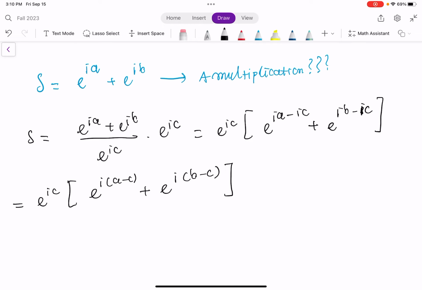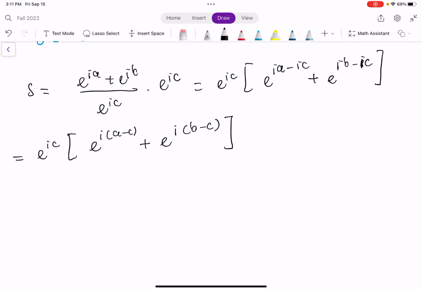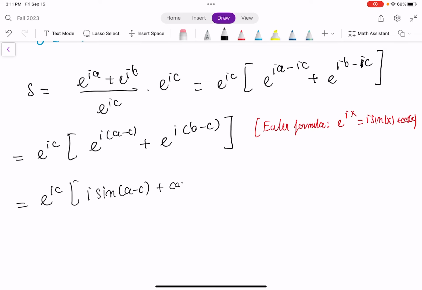And if you use the Euler formula, again, the Euler formula is e to the power ix equals i sine of x plus cosine of x, right? So you get e to the power ic times i sine(a minus c) plus cosine(a minus c) plus i sine(b minus c) plus cosine of (b minus c). Okay, wonderful.